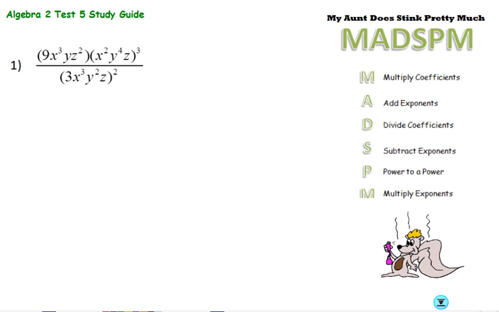first one. Alright, so again, parentheses are first. And one of the things that I like to do first as well is that anything that doesn't have an exponent, I go ahead and write the exponent in there, which would be a 1. So I'm basically just going through there and making sure everybody's got an exponent on it. And then what I'm looking for is the parentheses that I need to distribute.